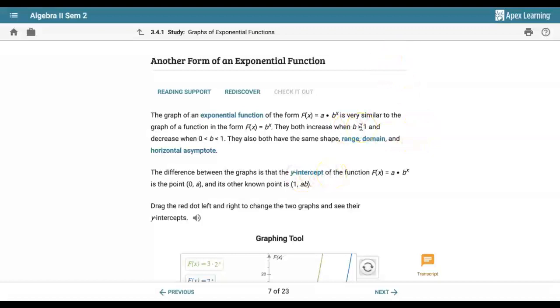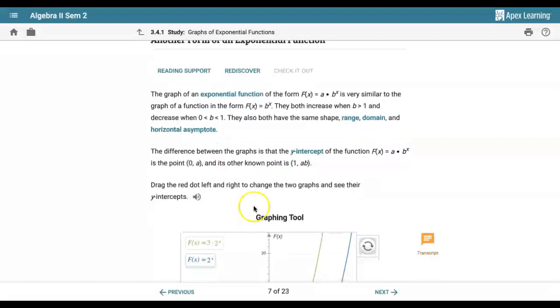And it's still going to have the same shape, the same range, domain, and horizontal asymptote. But the difference here is our y-intercept and that other point that was originally at 1, b.